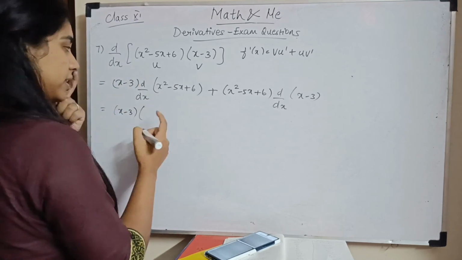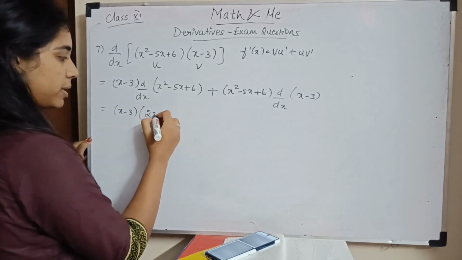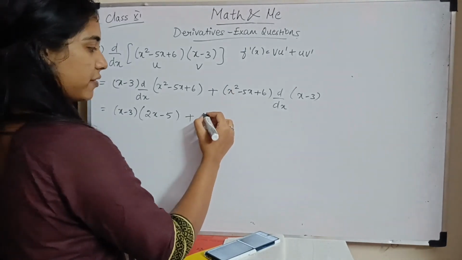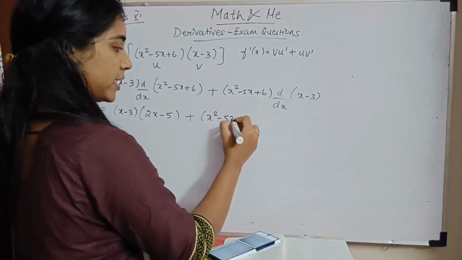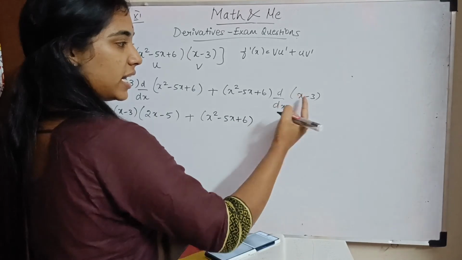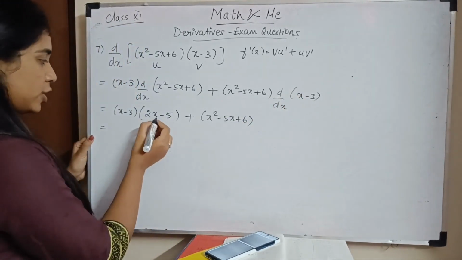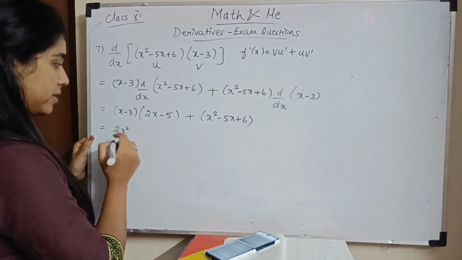d by dx of this term, what is it? The power comes down. So it will be 2x minus 5 plus 0. Plus what do you have here? This term stays as it is, x square minus 5x plus 6. d by dx of x minus 3 is 1. So I'm going to open the terms. 2x times x, 2x square.